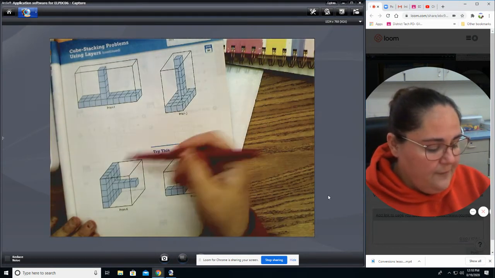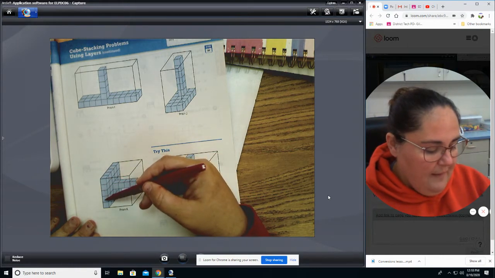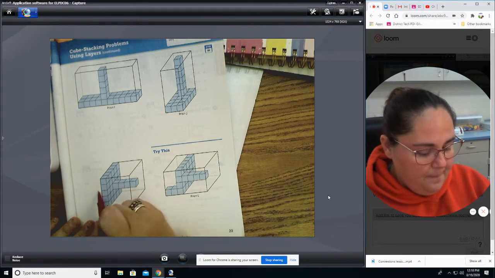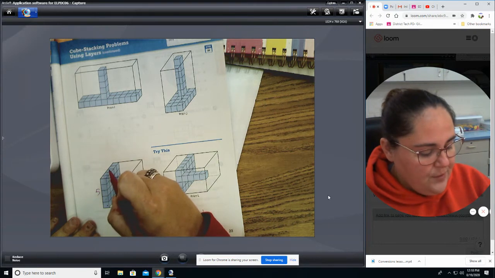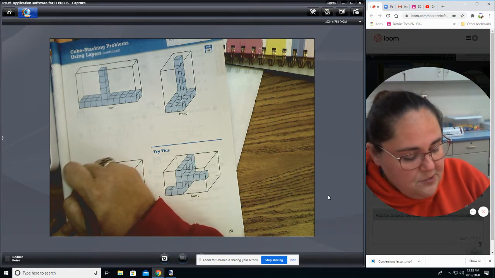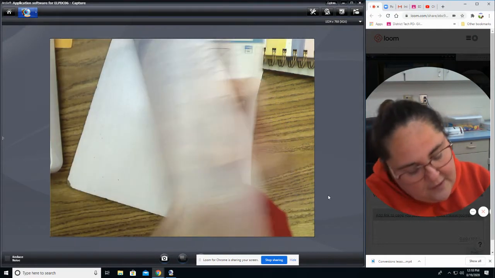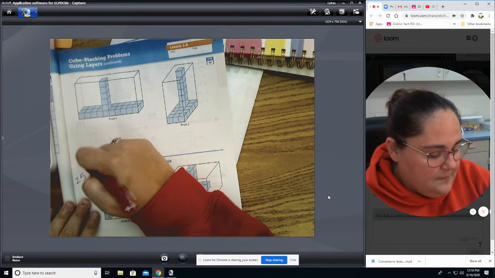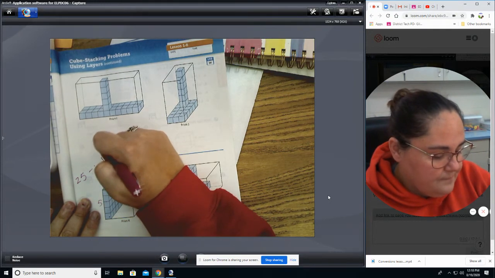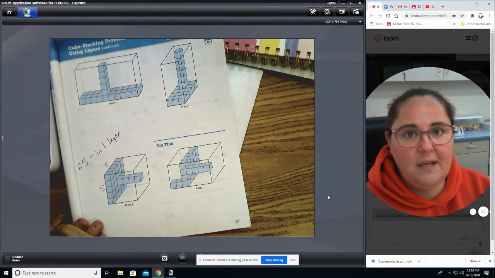So one full layer has 1, 2, 3, 4, 5 by 1, 2, 3, 4, 5. So 5 times 5 is 25. 25 cubes are in one layer.